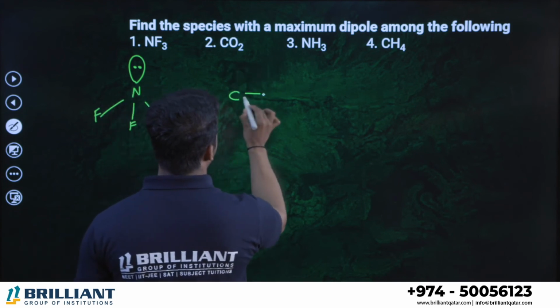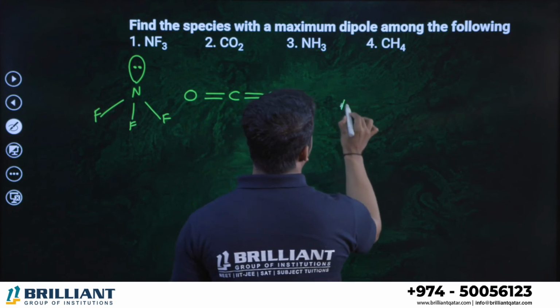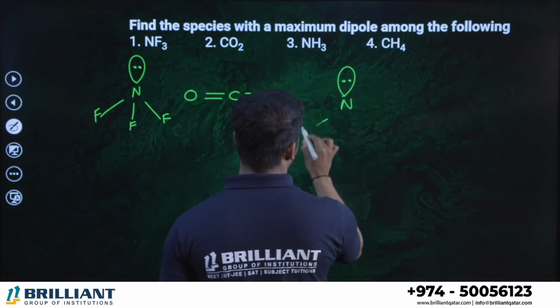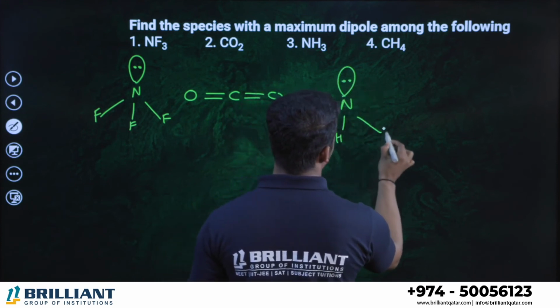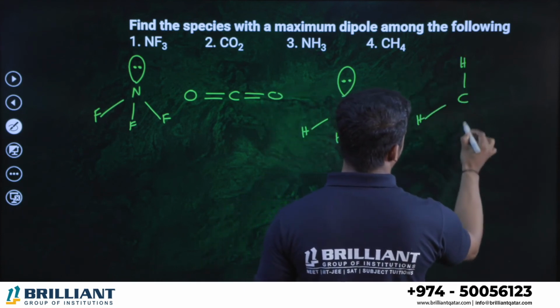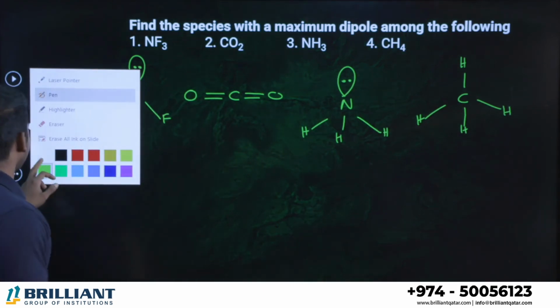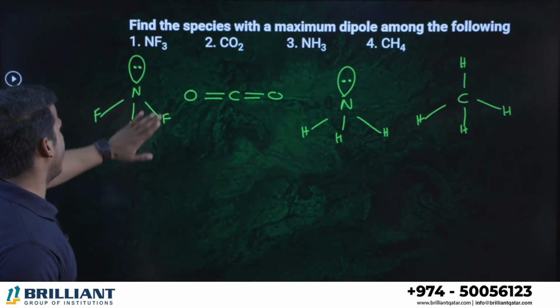Carbon dioxide, as we have discussed many times, has a linear geometry. Ammonia again has a trigonal pyramidal geometry. CH4 has a tetrahedral geometry.